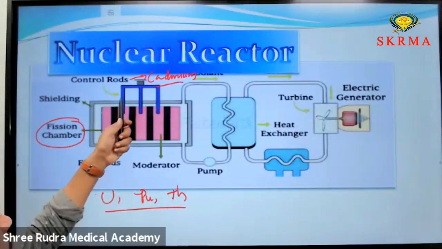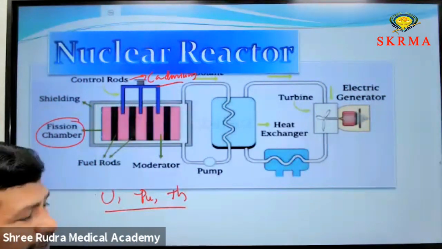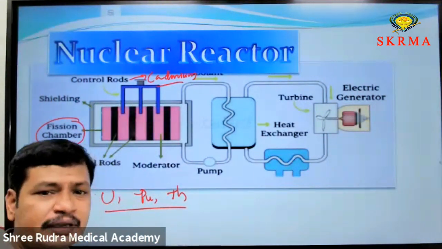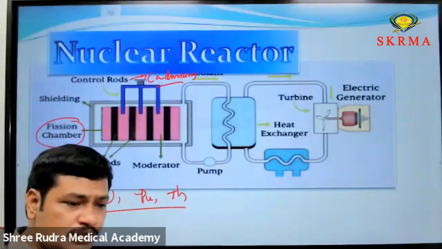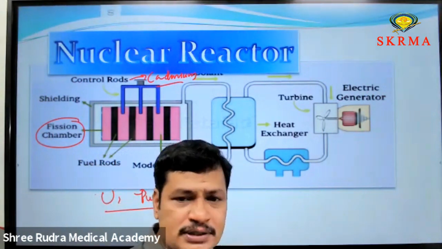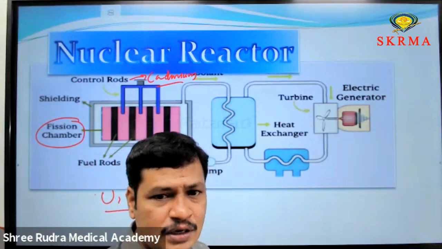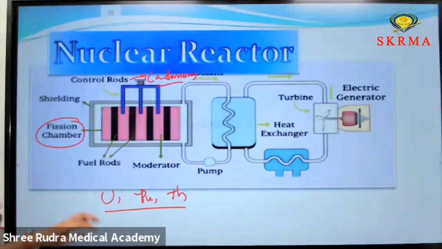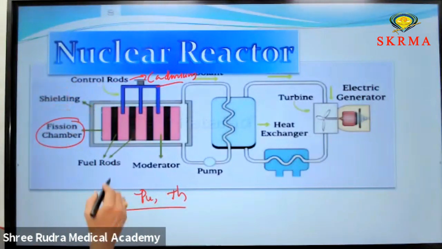So control rods reduce the kinetic energy of fast moving neutrons, and obviously the reaction slows down. These control rods absorb the neutrons released in this case.